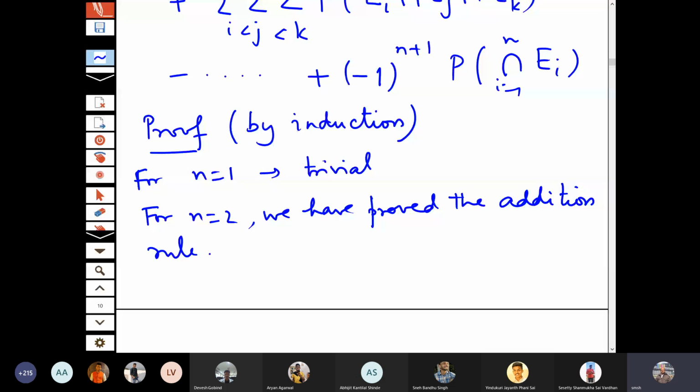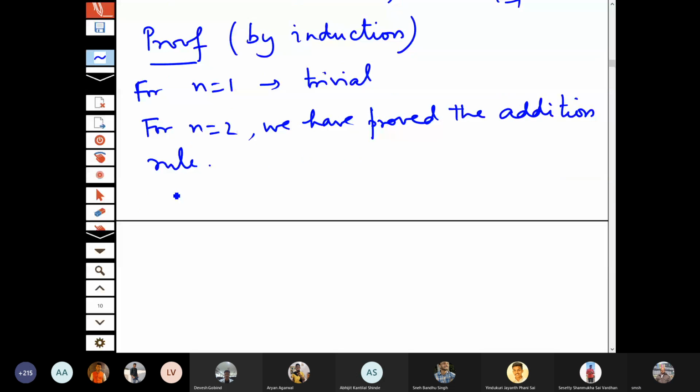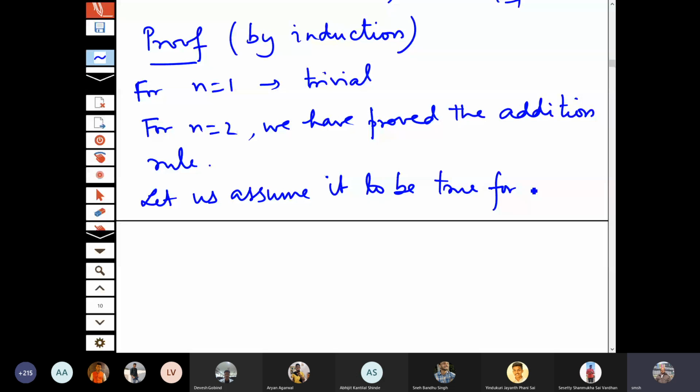So let us assume it to be true for n equal to, say, r. Now take n equal to r plus 1.